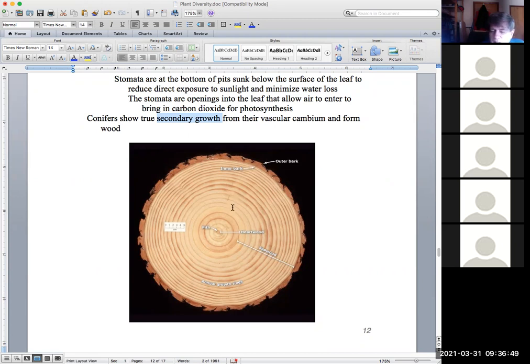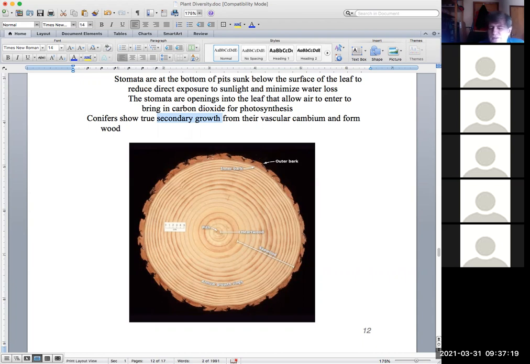All the area in here, all this lighter area until we get into the very middle, is xylem. Xylem is what makes up what we commonly call wood. So phloem is part of the bark, xylem is part of the wood. Now the layer of cells that actually divides and makes more xylem and more phloem is right on the inside of the bark.